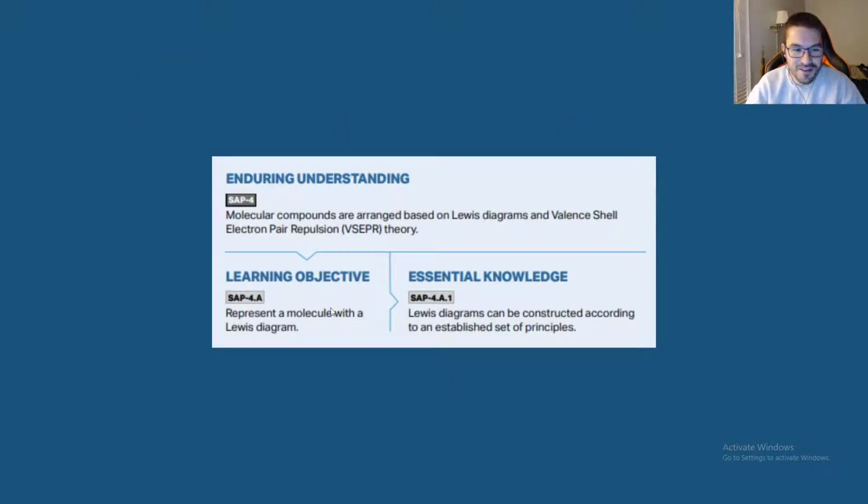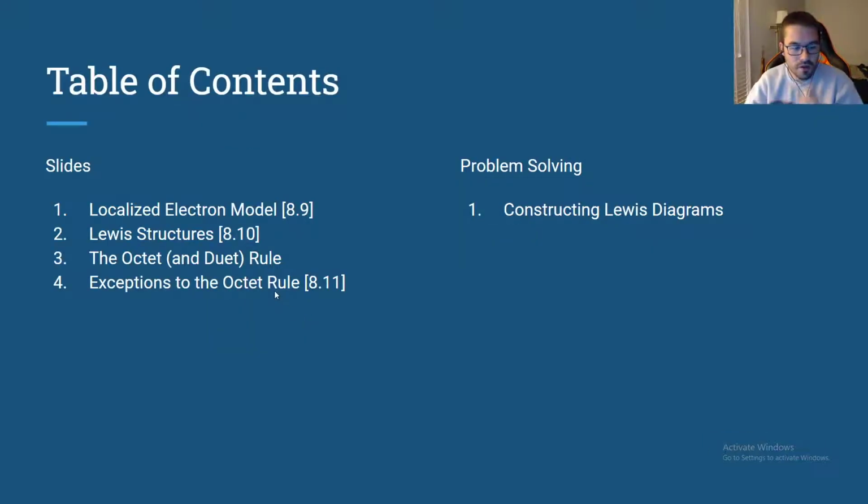So you can see that the learning objective here is pretty simple. We need to be able to represent molecules with a Lewis diagram, okay, or a Lewis structure. So let's get into it. Our table of contents for today, we're going to talk about the localized electron model, which is once again going to be review for a lot of you, I think, even if you don't know it.